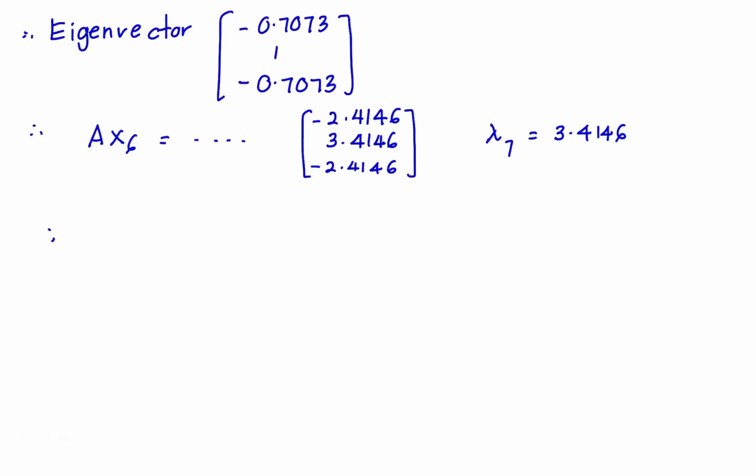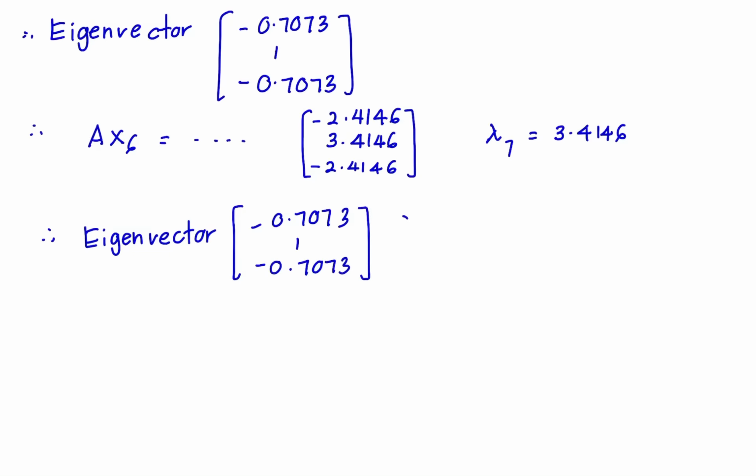So therefore, the answer is our eigenvector. Let me just put a note here. So therefore, the eigenvector is minus 0.7073, 1, minus 0.7073 for eigenvalue lambda equals 3.4146.